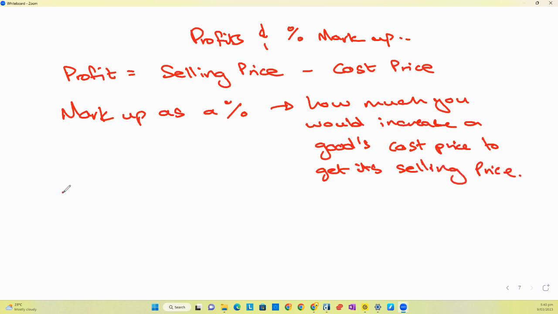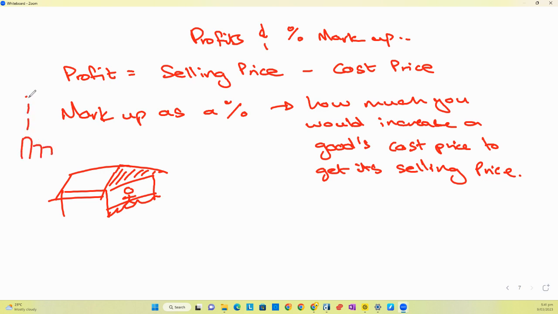All right, so let's suppose you are a store owner. Okay, so you are a store owner, and from this, you're standing at the shop behind the counter, and you have bought goods from some factory that is selling it to you at, let's say, $120.